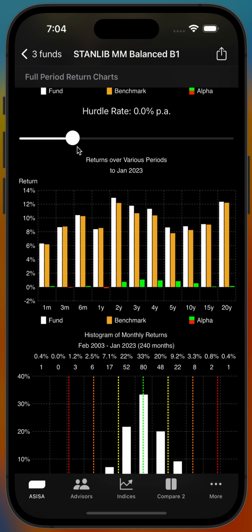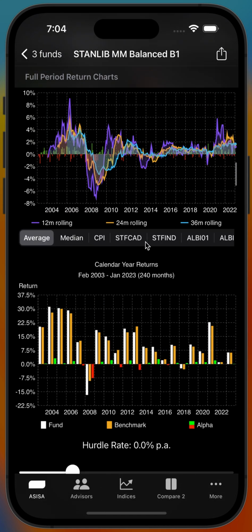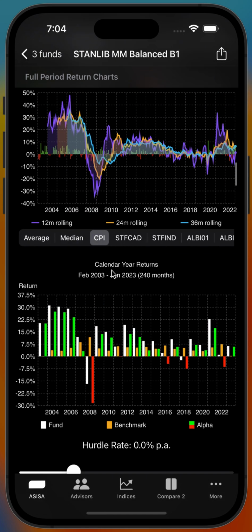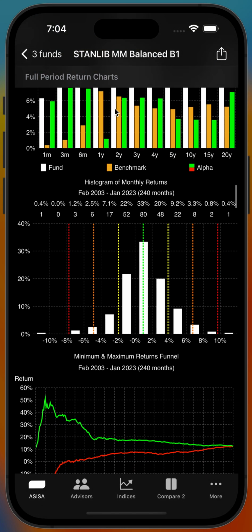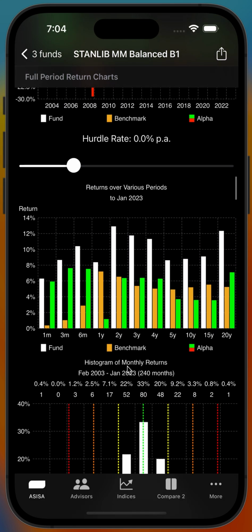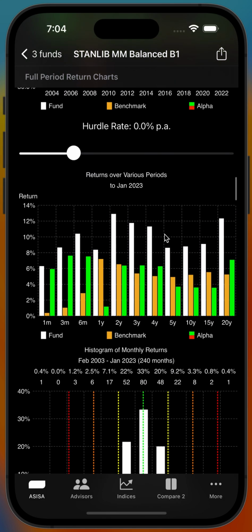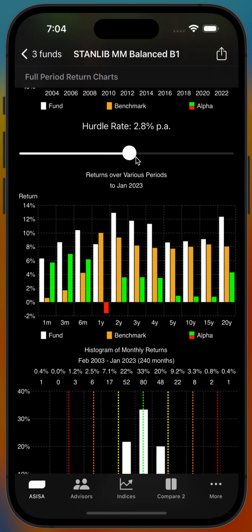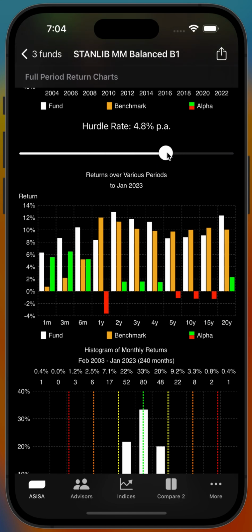The reason we put this in here is for things like CPI. If you wanted to check how this fund has performed against CPI, but I don't just want it to beat CPI. This fund actually targets CPI plus about 5% net of fees, and the fund that we're looking at here is net of fees, or the fee class we're looking at. You can see here I can crank 5% on top of CPI, and now you can see, look, in most years it's outperformed clearly, or sorry, not in most calendar years.